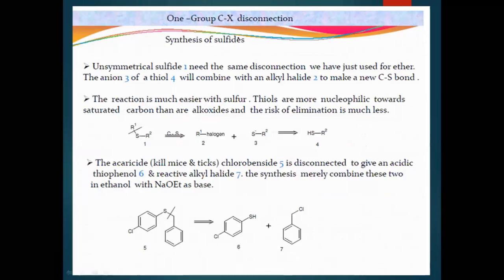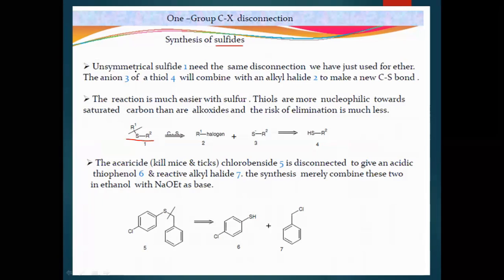Similarly, in connection with the synthesis, one group C-X disconnection, the synthesis of sulfides can also be an example. Unsymmetrical sulfide. So this is an unsymmetrical sulfide. Unsymmetrical means R1 and R2 are different, which are present over this sulfide.